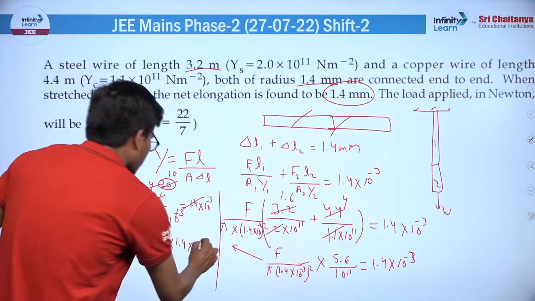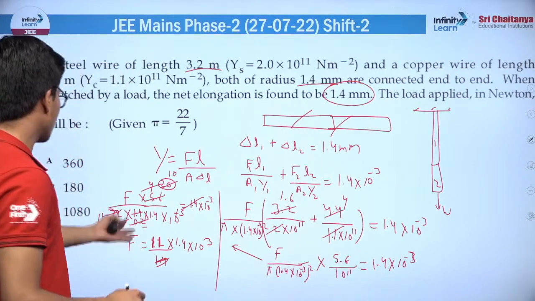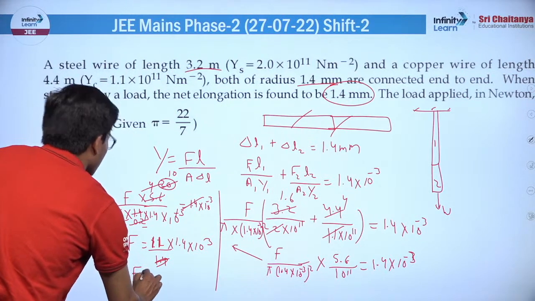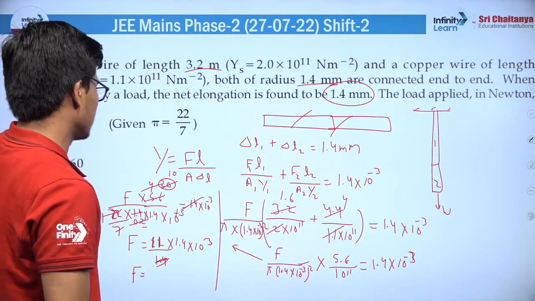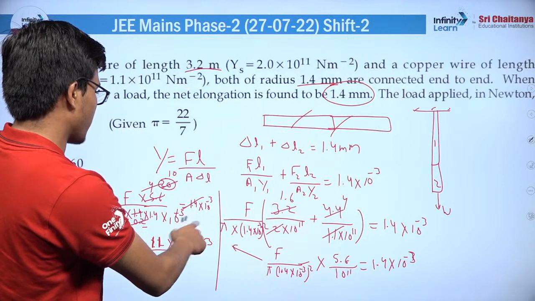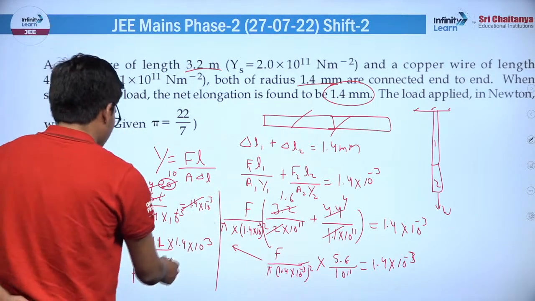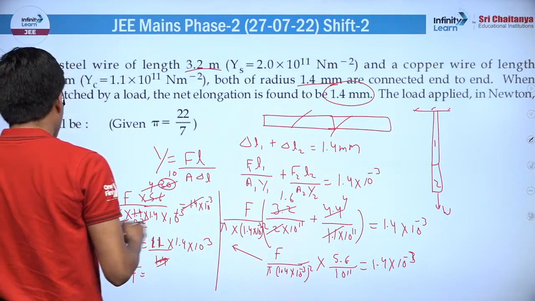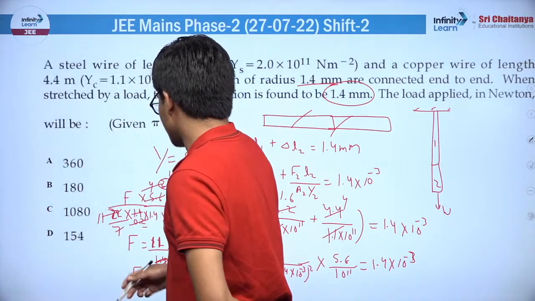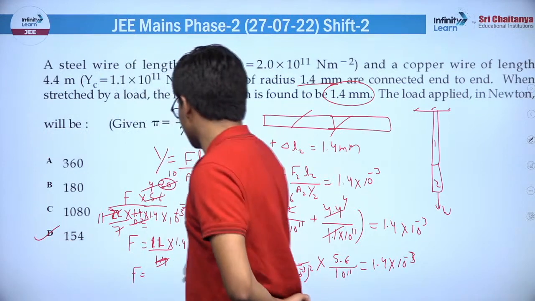So 6 minus 3, plus 3 will be there. You can see here it is actually coming in Newton, and the power 11 minus 6 is minus 5, plus 5 minus 3 will be 2, and when you multiply this, it will be a little more than 11, basically 154 Newton has to come, right?